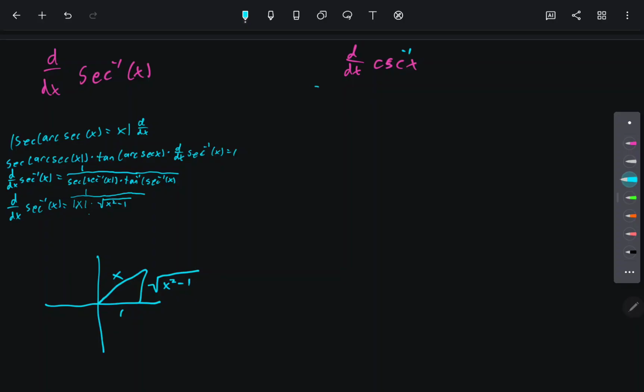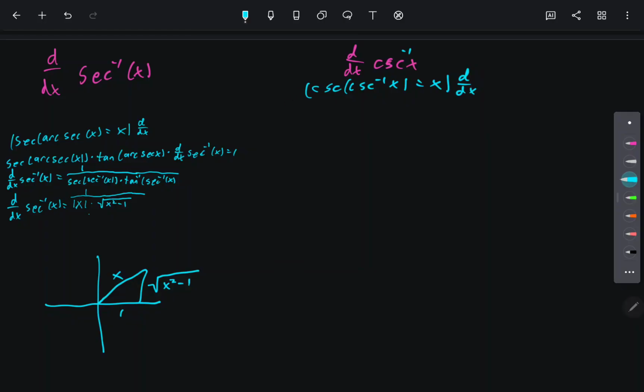Well, we know that cosecant of cosecant inverse of x is equal to x. Take the derivative of that with respect to x.